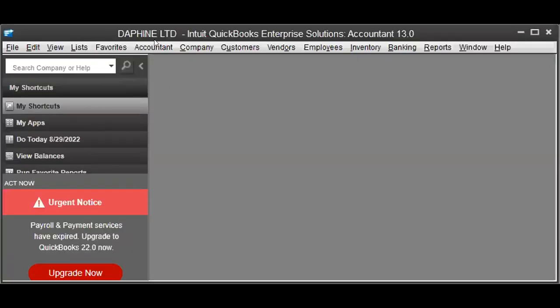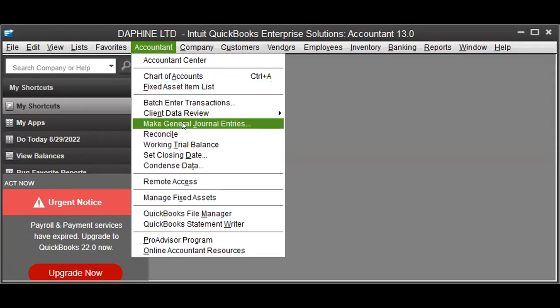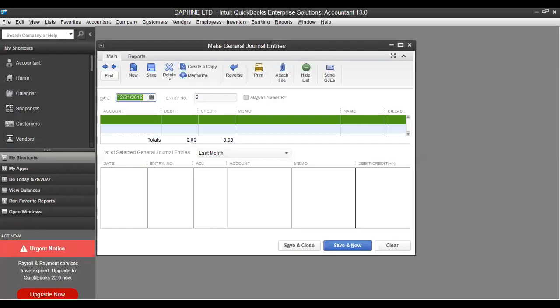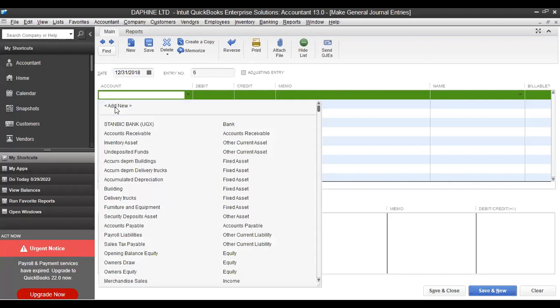So you go to accountant, then make journals. Okay, so for journals, you debit depreciation. So of course you're going to insert, add new. It's an expense. Depreciation is an expense.